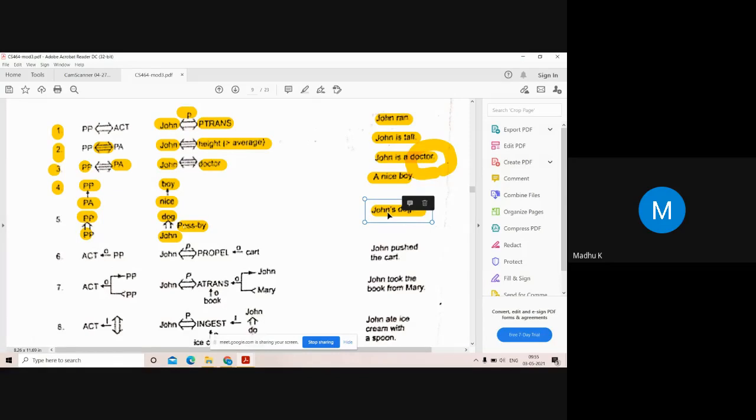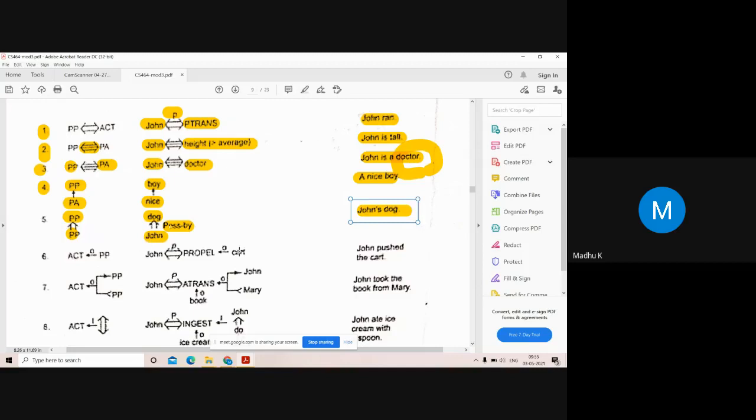In that way, you can think of some sentences and try to represent them in this way. Next is "John pushed the cart." This is another type of sentence. In this, who is the picture producer?